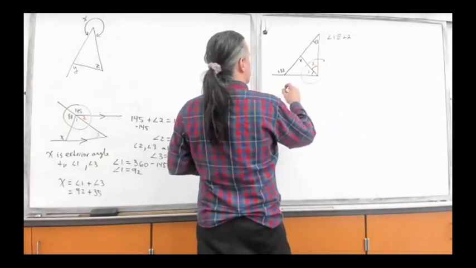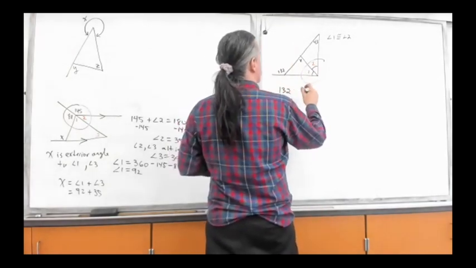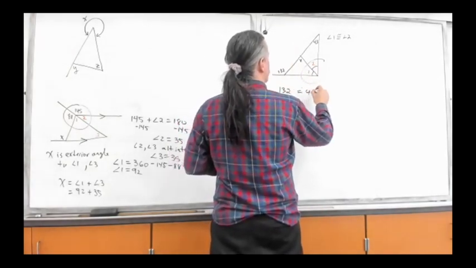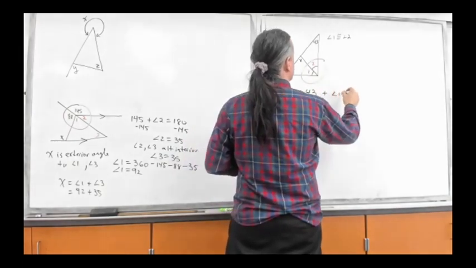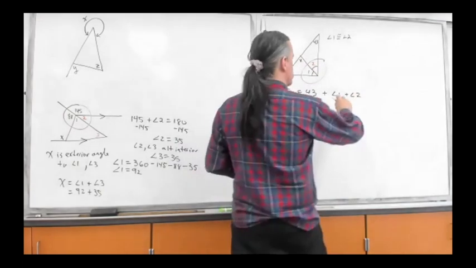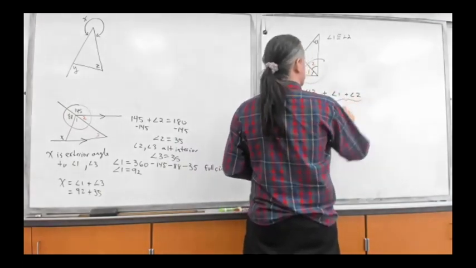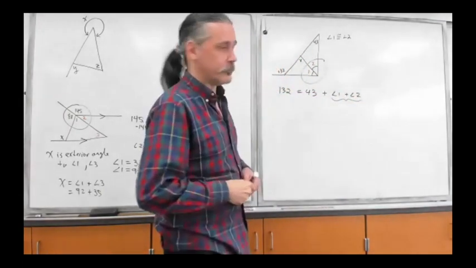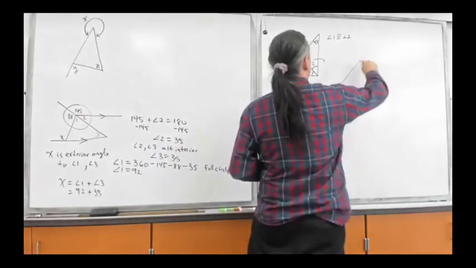Okay, so 132 is going to equal 43 plus, because these two combine to be that one angle. Again, if you just look at the larger triangle.